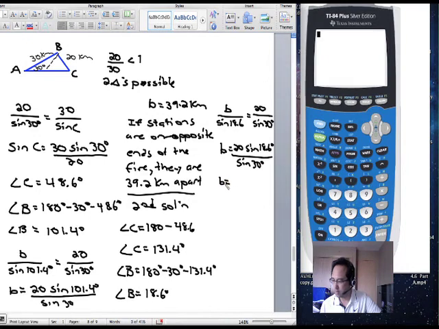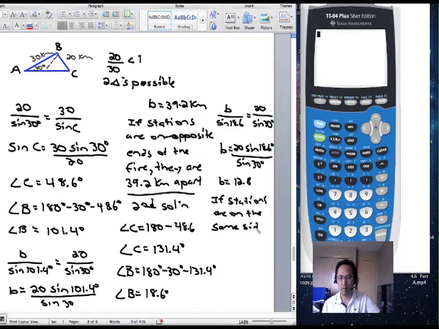So my line segment B is going to be about 12.8. So if stations are on the same side, they are 12.8 kilometers apart.